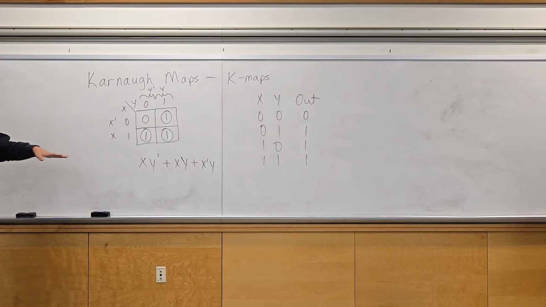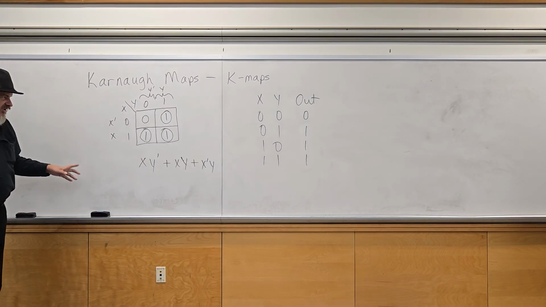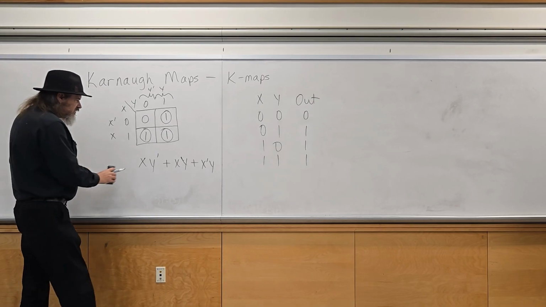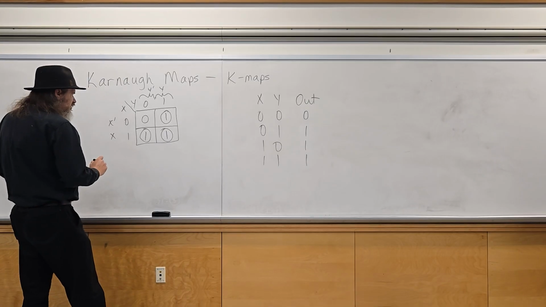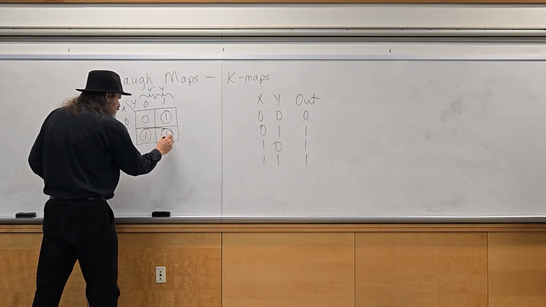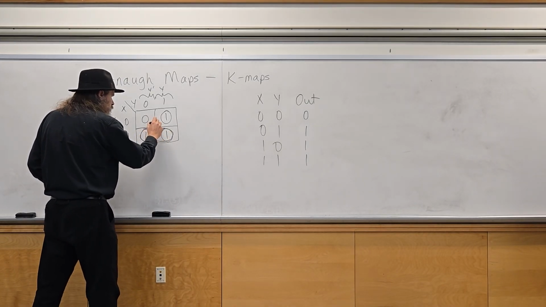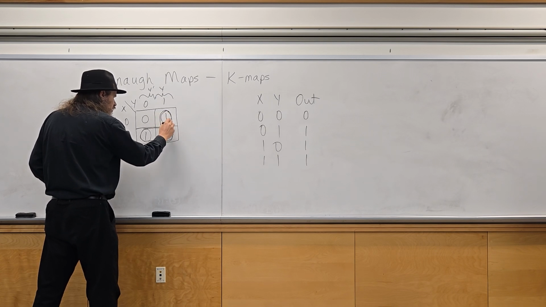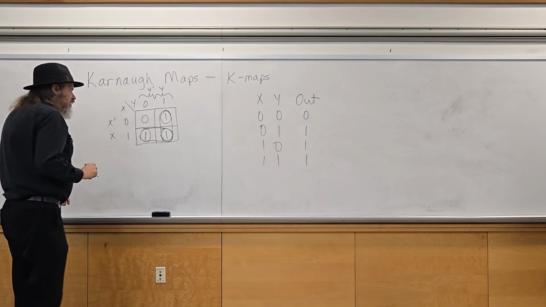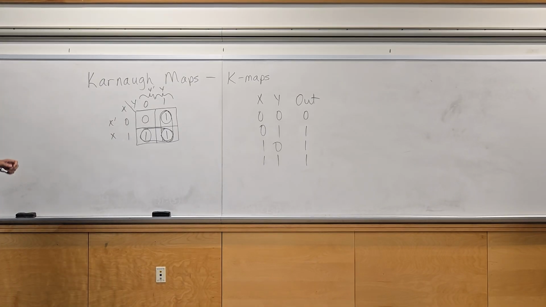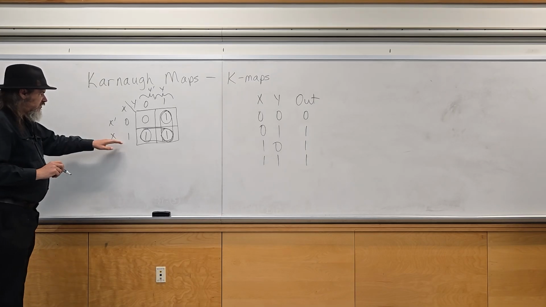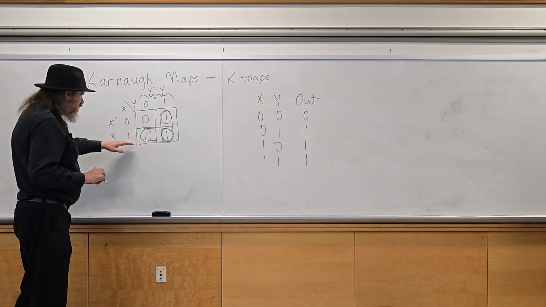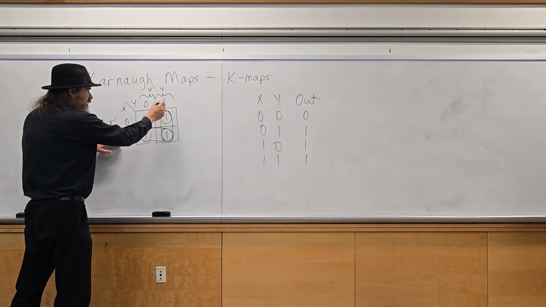You could then use Boolean algebra to minimize this, but where Karnaugh maps make life easier is you can group ones together. There's two groups. This one is x, and it doesn't matter the y.